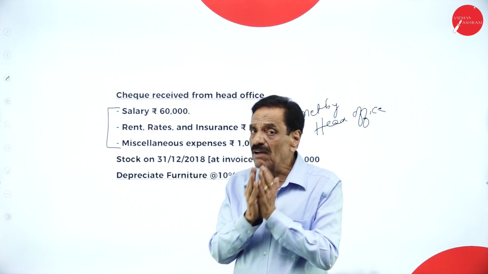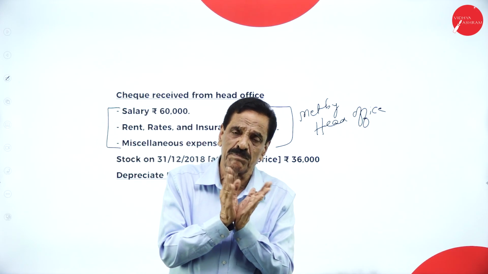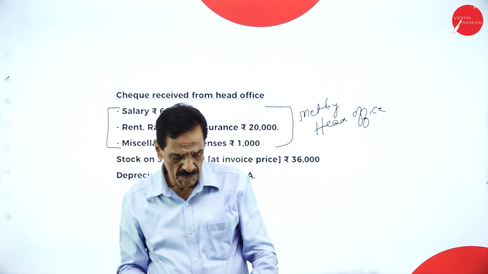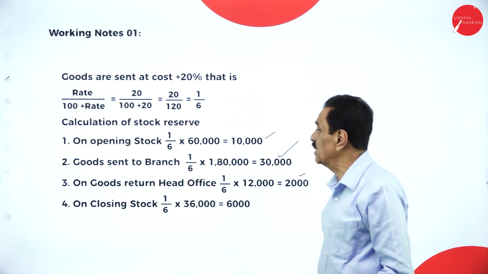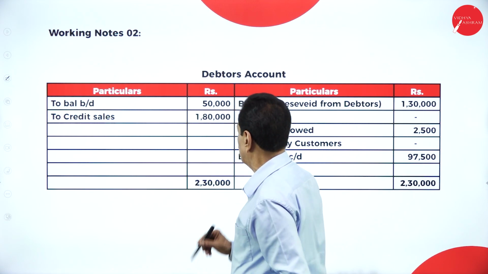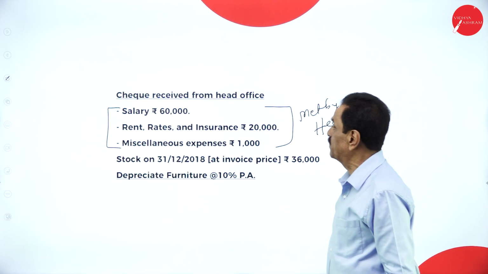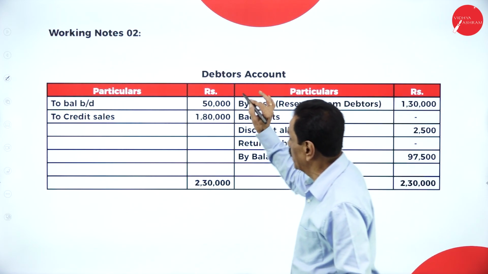First, you see whether you have got the closing debtor. If you do not have the closing debtor, you have to prepare the closing debtor account. So, how to prepare it? See the question: at the beginning of the year, we have to receive 50,000.